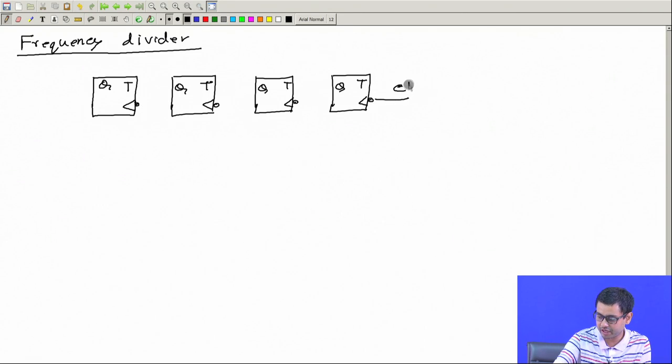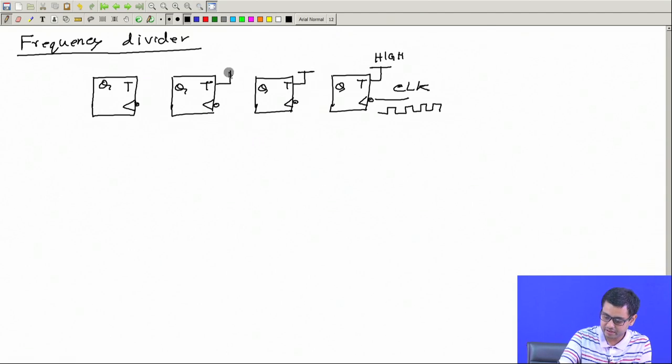Here we have given a clock signal input, which can come from a crystal oscillator or something. The toggle input is always set to 1, or high, for all of them. They are connected to logic level 1, and therefore every time a clock falling edge comes, this output Q toggles.